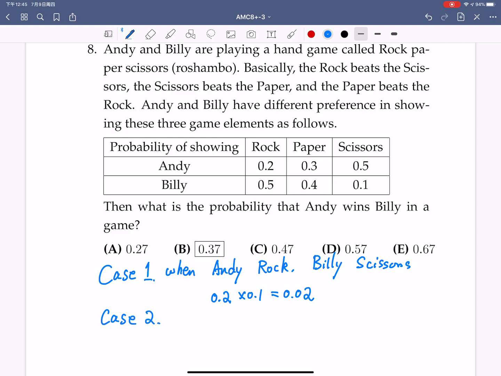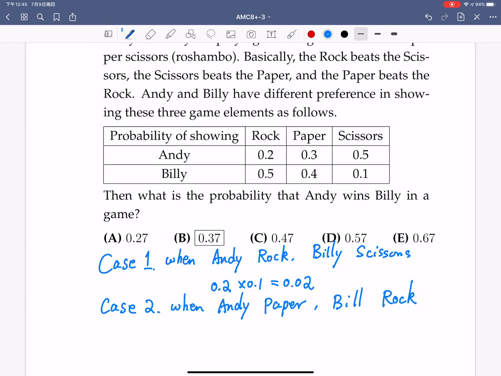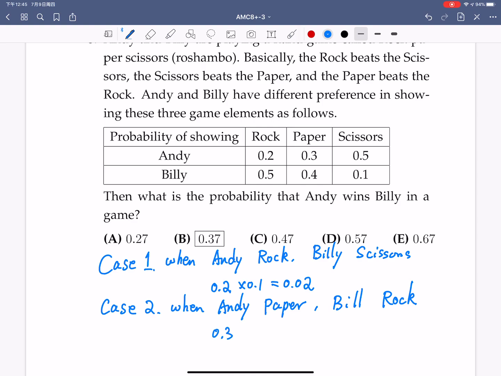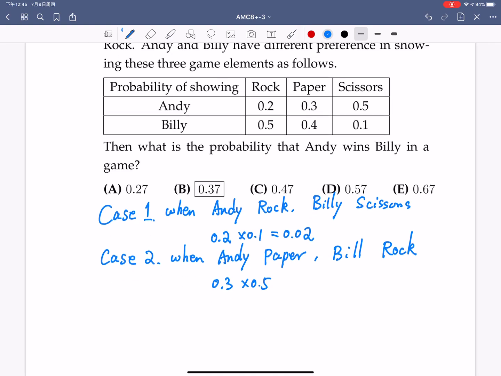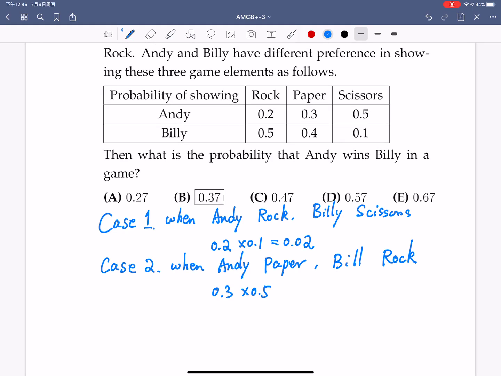Case 2, so when Andy shows paper and Billy shows rock. And the probability would be 0.3 times 0.5. That's the probability for Andy to show paper, 0.3, Billy to show rock is 0.5, so it's 0.15.